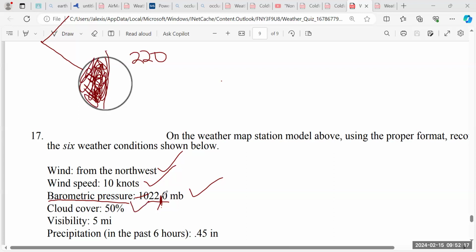Visibility is 5 miles, which means the number is going to be 5 to the left. And precipitation in the past 6 hours is 0.45 inches, so I'm going to write 0.45. This is how your weather station model should look.